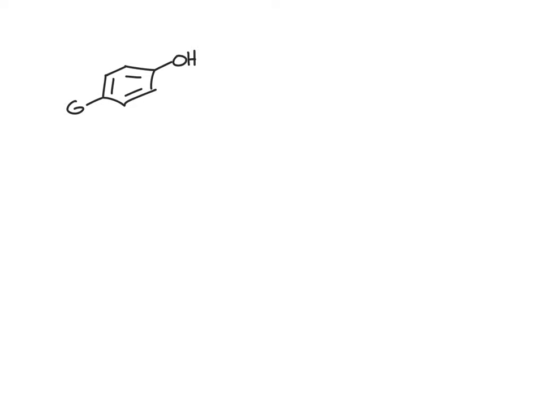And if we have some group on the ring, we react phenol with a base. We get our conjugate base. We still have this group on the ring. It could be at any position.